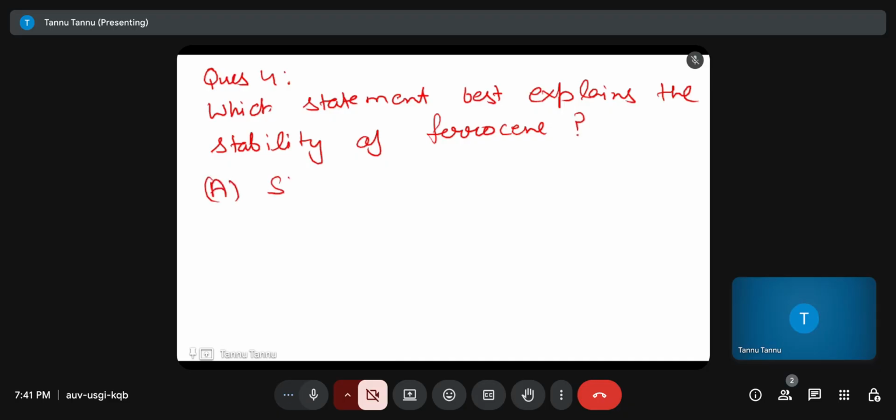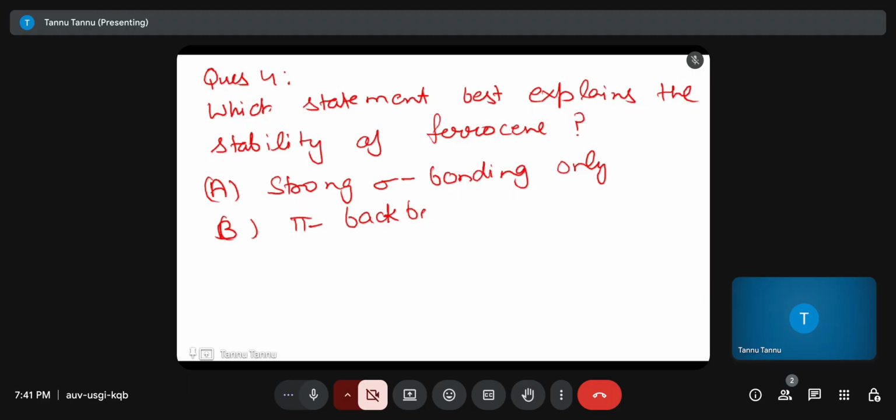A. Strong sigma bonding only. B. Pi back bonding between Fe and Cp minus rings.